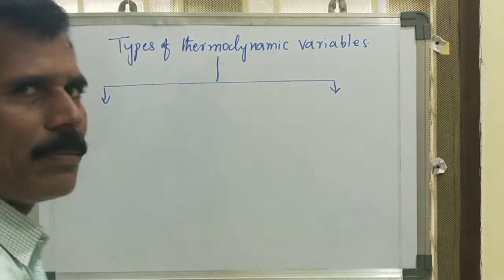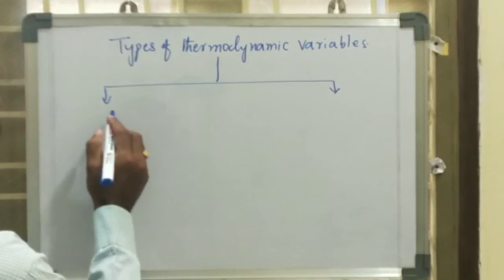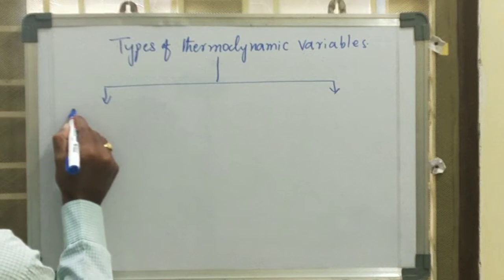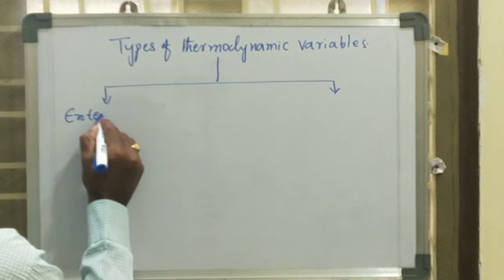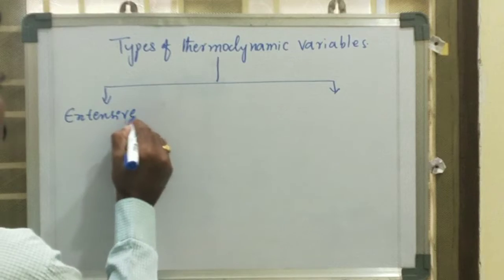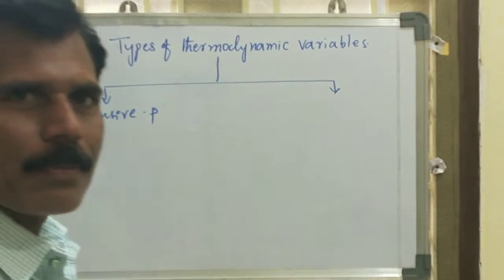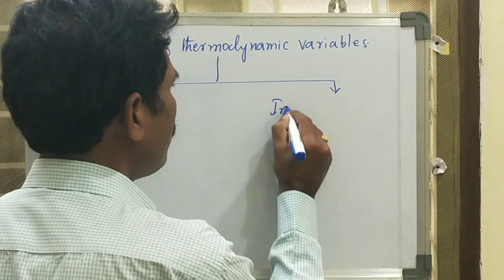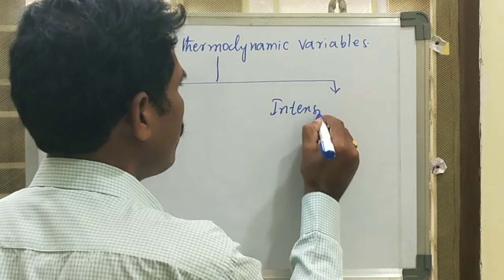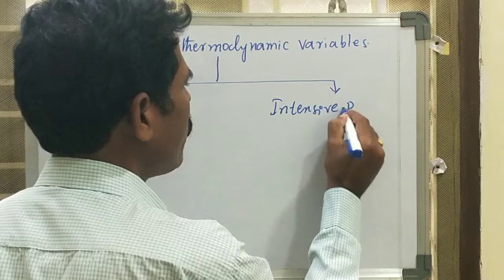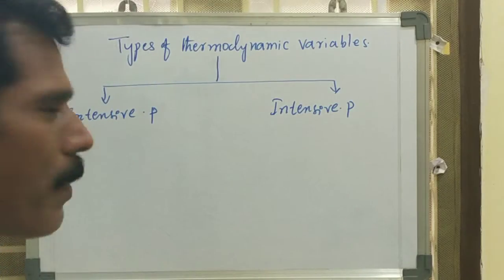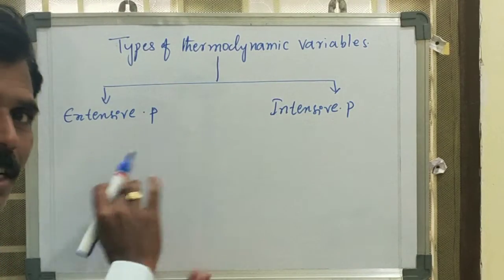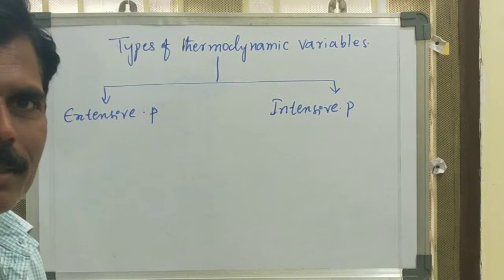First one, extensive properties. Second one is intensive properties. Now there is a trick to understand.